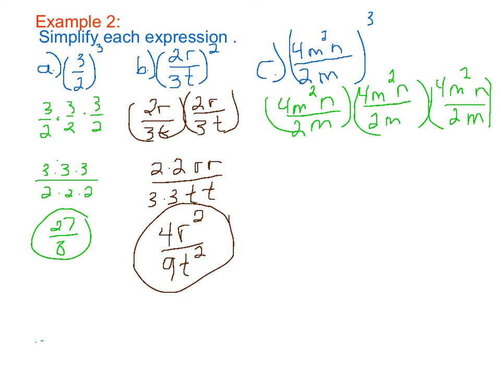And I'm going to write the expanded form of each of these in the parentheses. So we have 4m times m over n over 2m, and each of these is going to be the same.